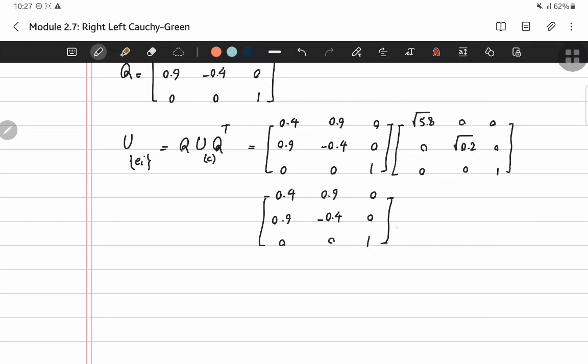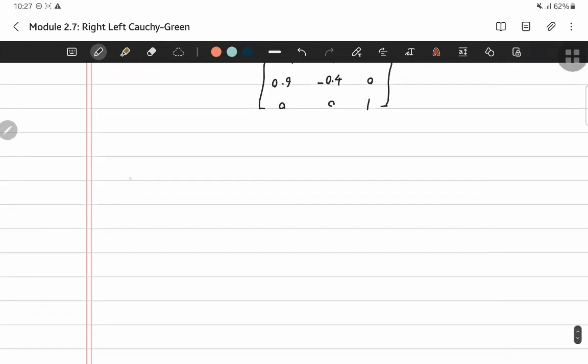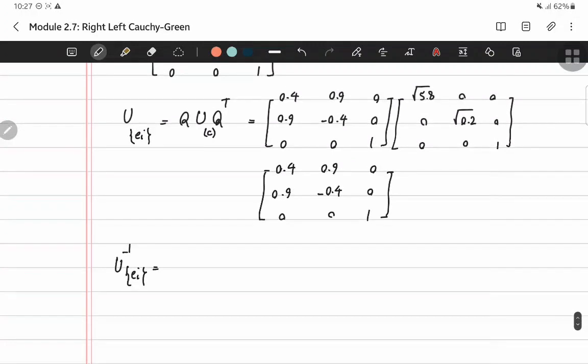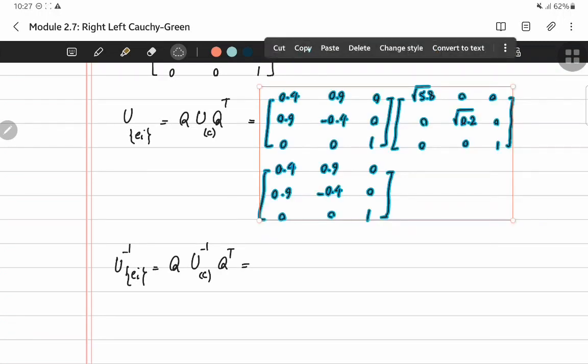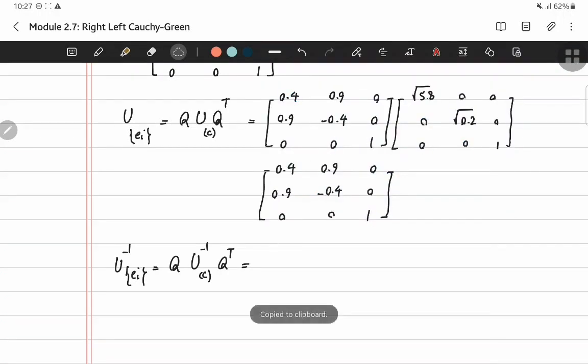So this will give you U; you can simply calculate this. Then for U inverse in the reference configuration, it is the same: you have Q, then U inverse from part C, then Q transpose. So I just copy this and paste it in here.